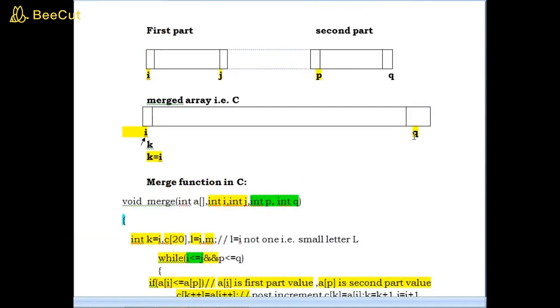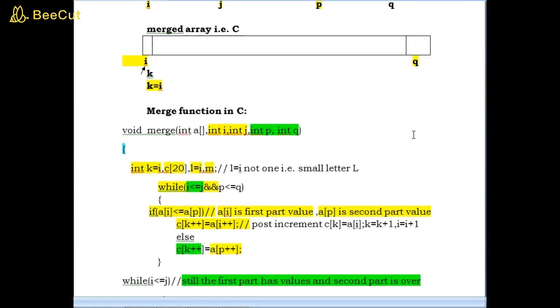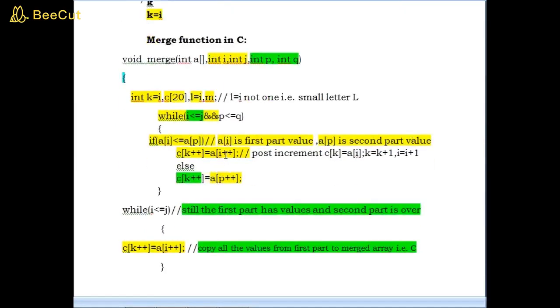So if I write m equal to I, that is wrong. Why? Because in the logic we are changing the I value during the merge operation.